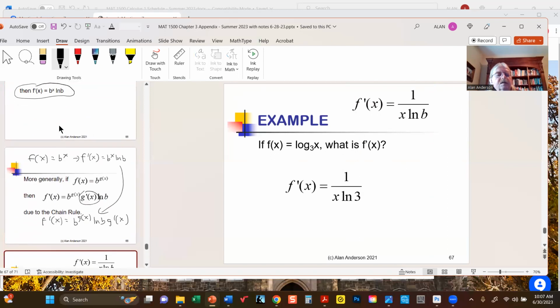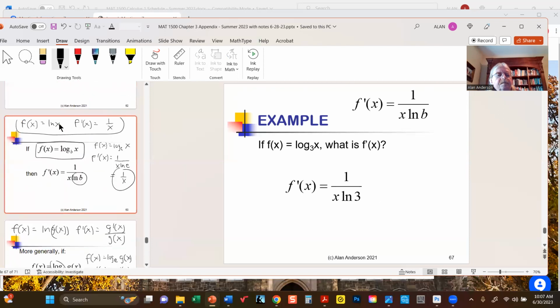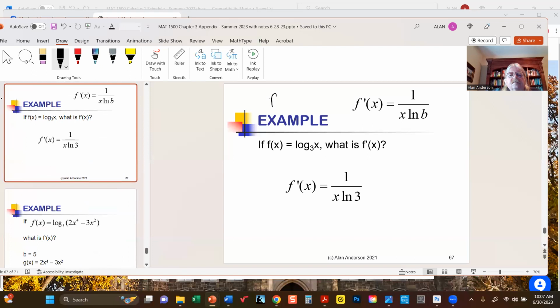So if f of x is log b of x, then the derivative is 1 over x log b. So here, because it's log 3, we have 1 over x log 3, and it's that simple. If this had been natural log of x, then the derivative would have been 1 over x. This extra piece is required because it's not the natural log.